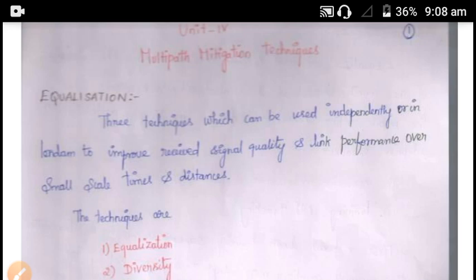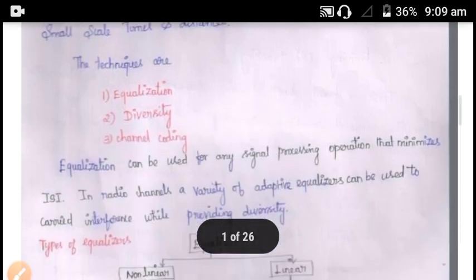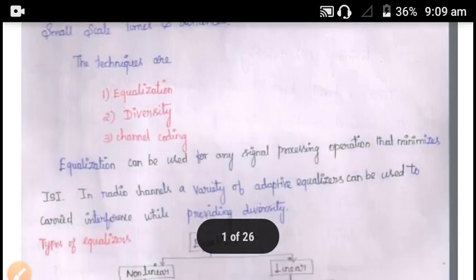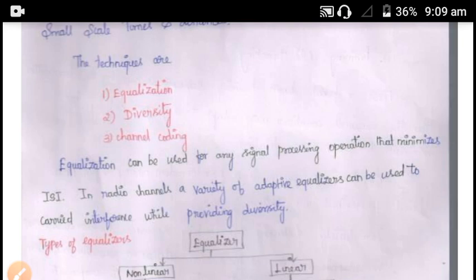So we have to improve the signal quality and link performance over small scale times and distances. Various techniques are there to improve the received signal quality. They are equalization, diversity, and channel coding.